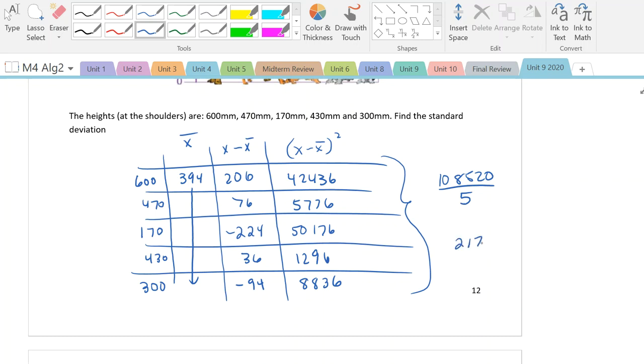So that's 21,704. That's my variance. And last but not least, I do the square root of that, and I get sigma is 147.323. I tend to do my standard deviations to 3 decimal places.